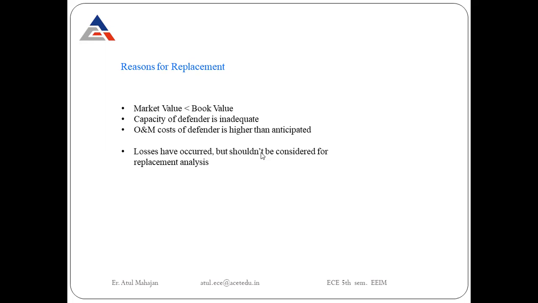Then, losses have occurred but shouldn't be considered for replacement analysis. Some losses have occurred in my old asset, the defender, but I'm not considering it adequately as the reason for my replacement just because it has given me losses.